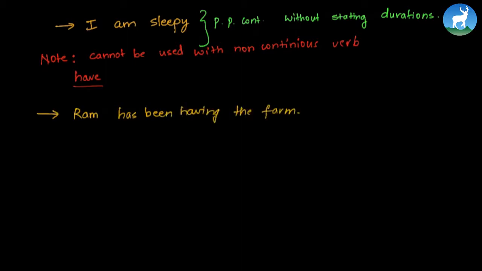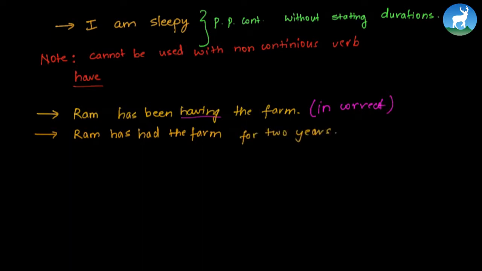The example Ram has been having the farm is absolutely incorrect, as we do not use the continuous form of a non-continuous verb. Have is a non-continuous verb, and adding ing to have will be incorrect. The correct form is Ram has had the farm, maybe for 2 years.